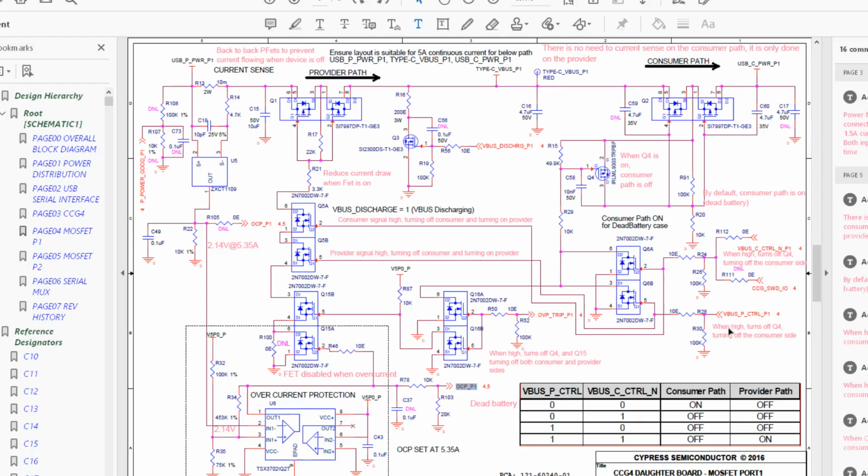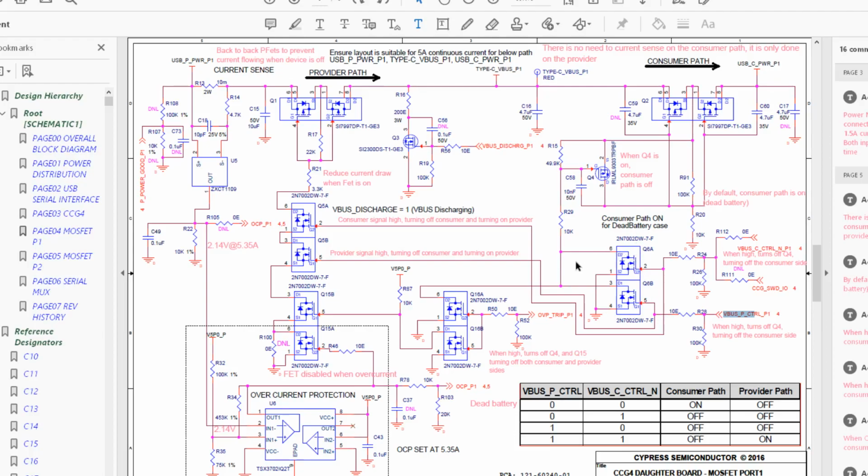And similarly, if VBUS provider is 0, this FET is off, and so is this FET. So both of these two are off. It's kind of like double protection. Yeah, so if both of these are off, what does this FET do?